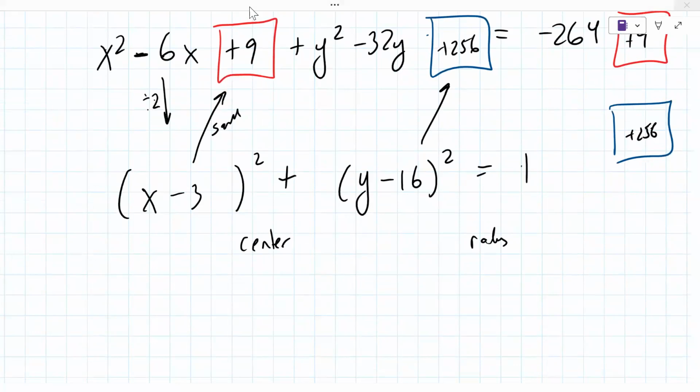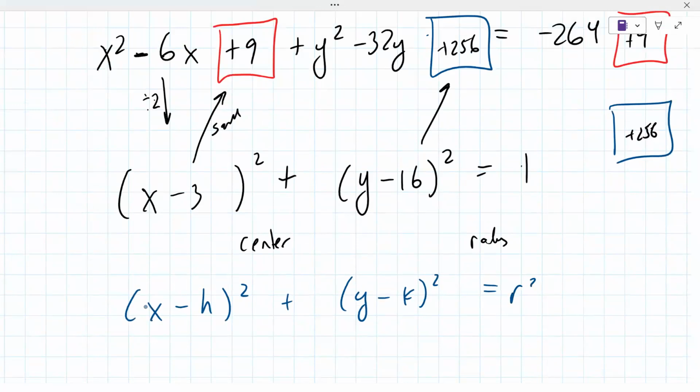Remember, I'll write it below here: x minus H squared plus y minus K squared equals R squared. No, you're just giving me the center. You're giving me the H and the K.